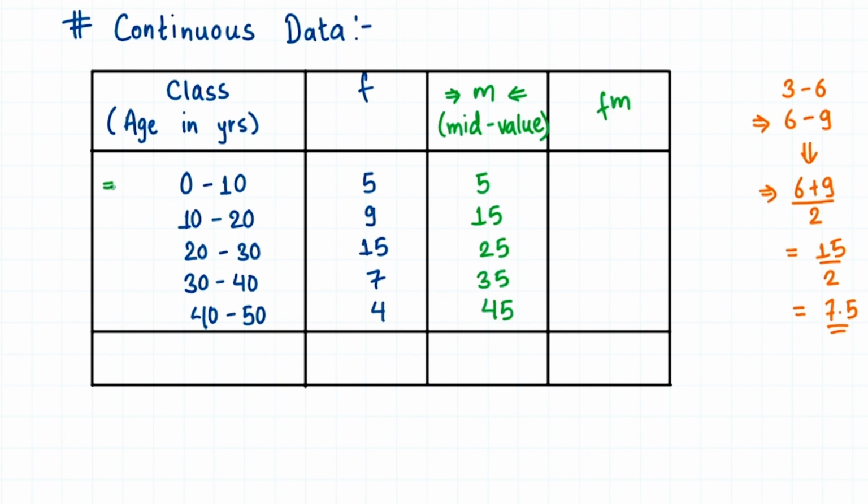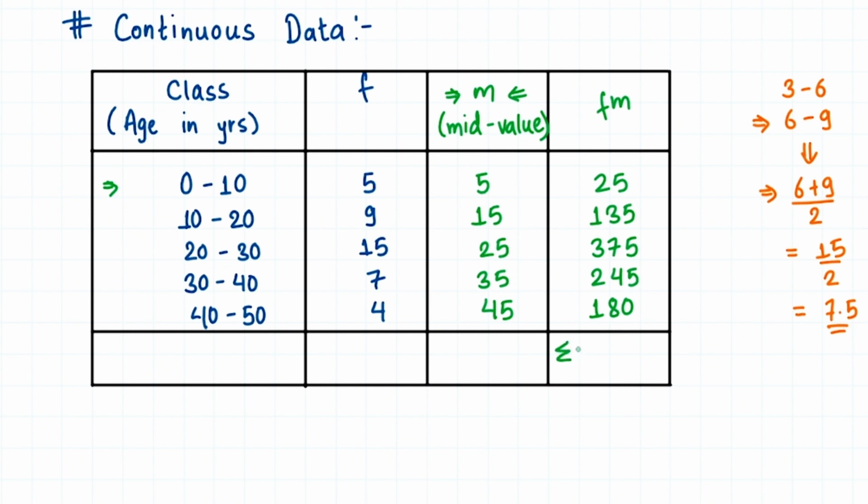So for our first class, it's going to be 5 times 5 is 25, right? Similarly, 9 times 15 is going to be 135. 15 times 25 is going to be 375. 7 times 35 is going to be 245. And 4 times 45 is going to be 180.